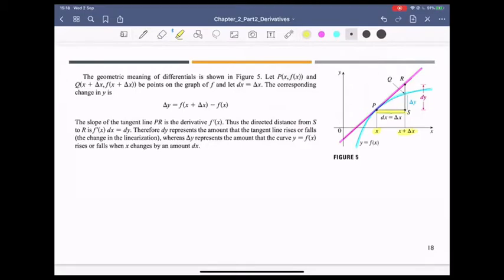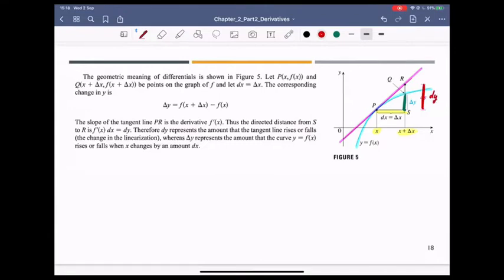But delta y is defined to be the difference of y from the curve, the difference of y from the light blue curve. So it's going to be the amount that I just labeled in green. And your dy is going to be the difference from your tangent line, the difference of y from your tangent line. This is called dy.